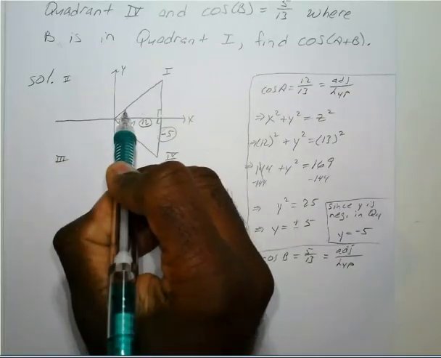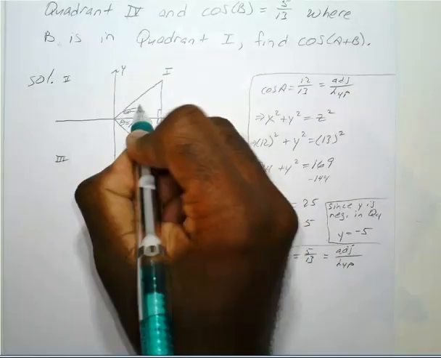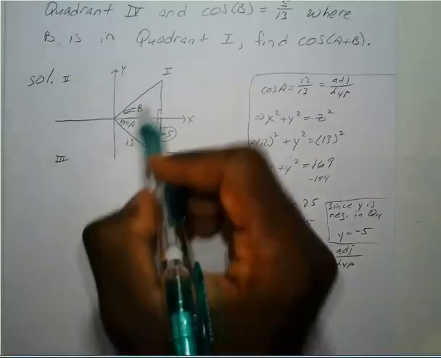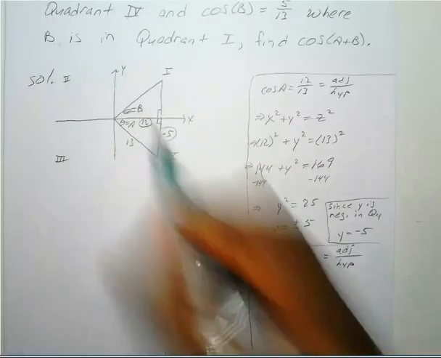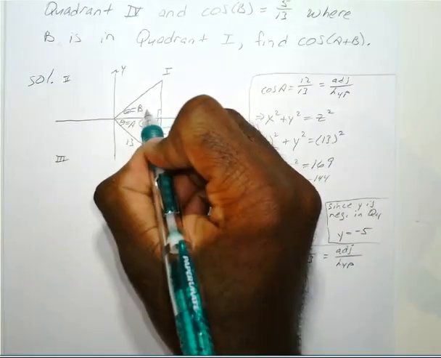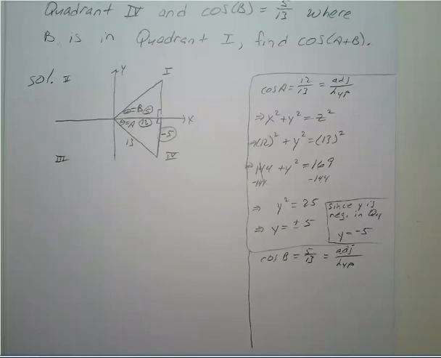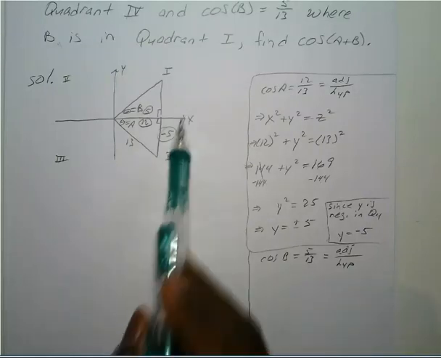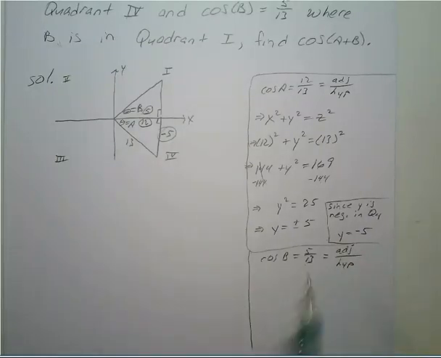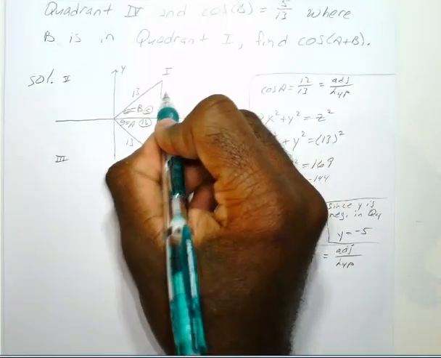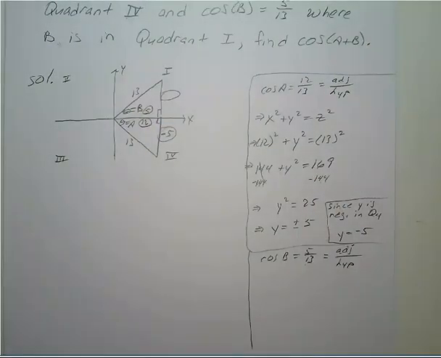So if this is our theta equals b, that means your x is your adjacent. So in this case, it's 5. Our hypotenuse is 13. So again, we have to solve for our y.